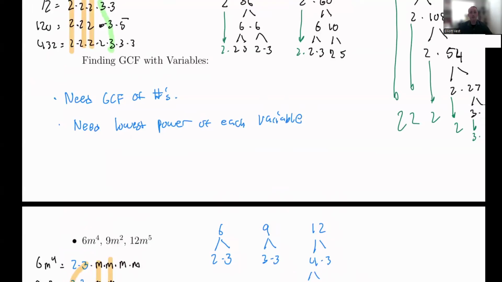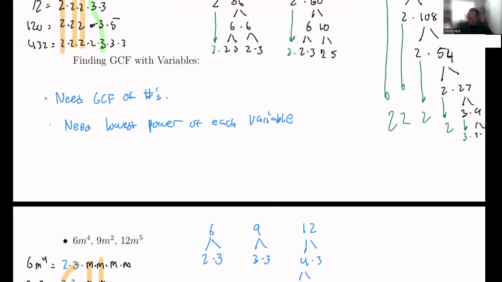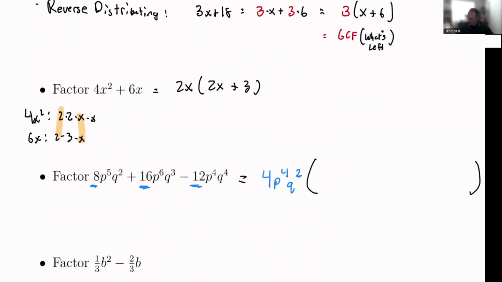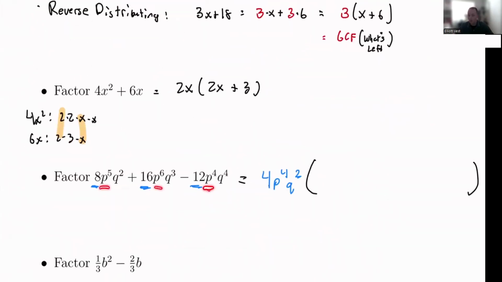The GCF, when variables are involved, uses the lowest power of the variable. What were the lowest powers in this problem? I had a fourth power for the p, so I pulled out a fourth power. I had a second power for the q's, so I pulled out a second power. So I'm still consistent with the guidance I gave at the beginning.